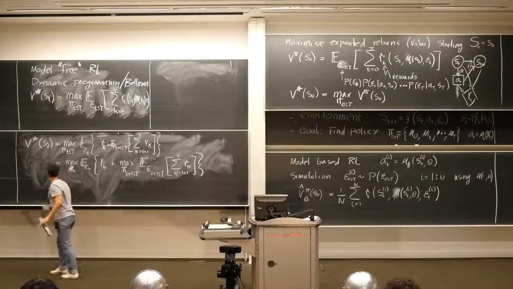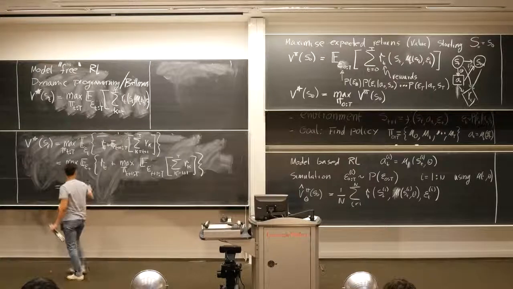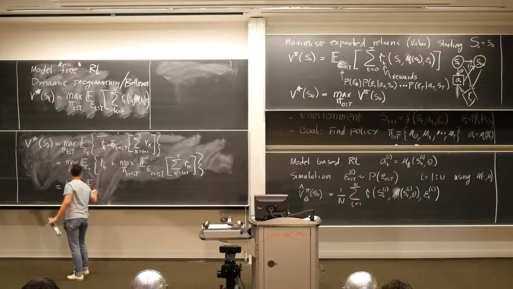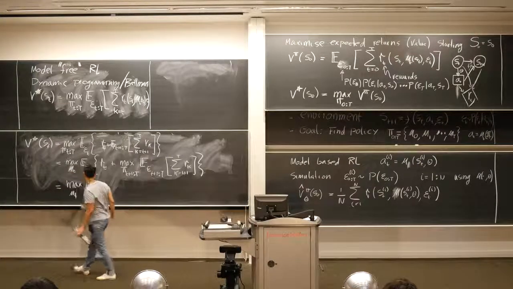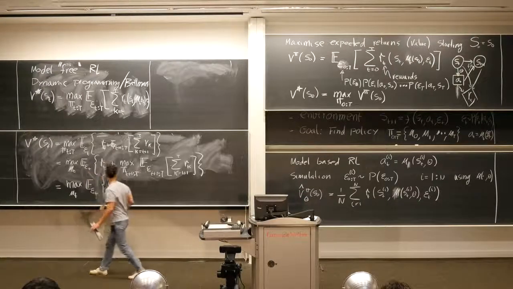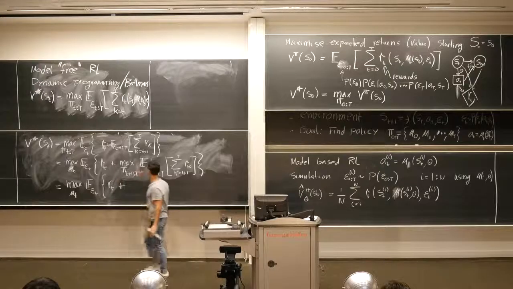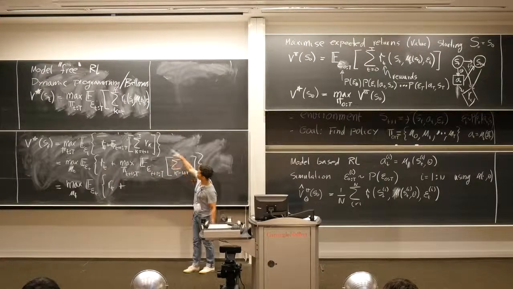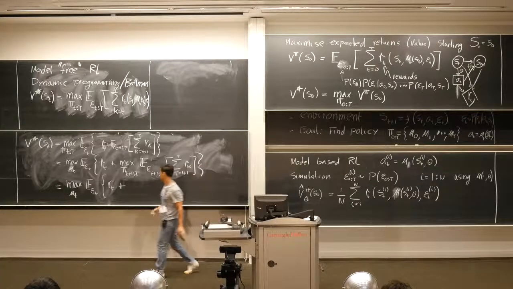Or in other words, this is equal to the max over mu t of the expectation of the current noise of my immediate reward. And if we look at the expression there, this is nothing but the value function again.